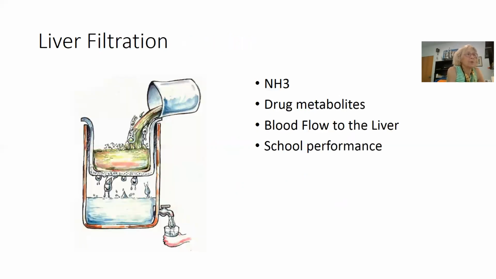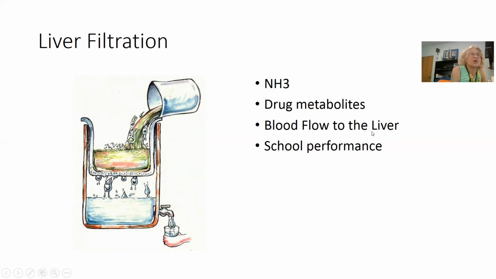You also need to filter things through the liver. There is a reason why the liver is between the gut and the heart. It's to filter metabolites and food after digestion. It's also really important for metabolizing drugs.